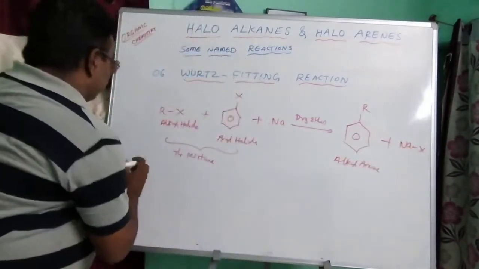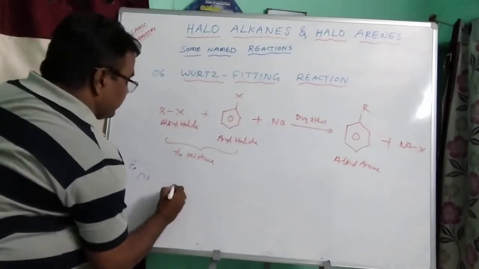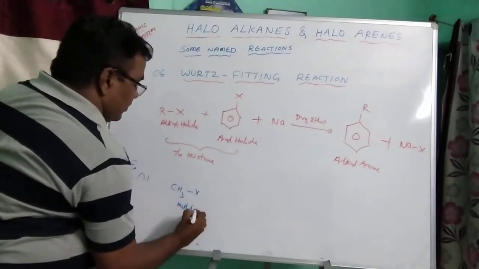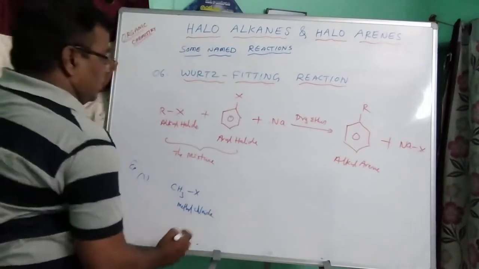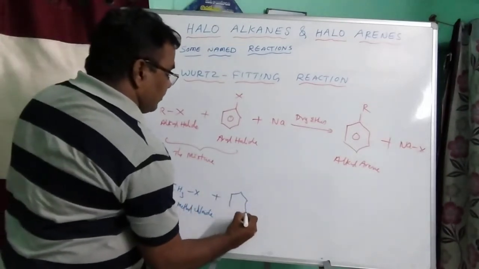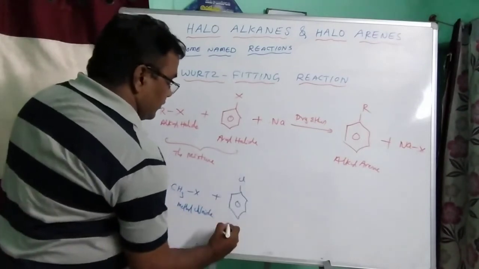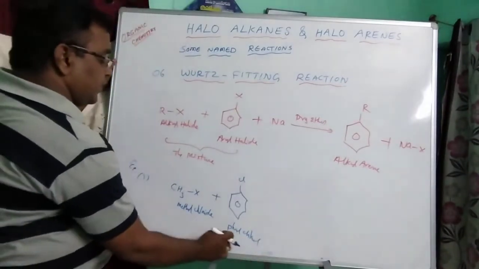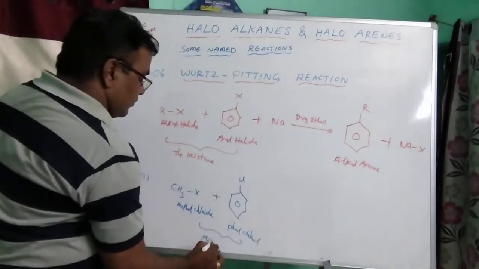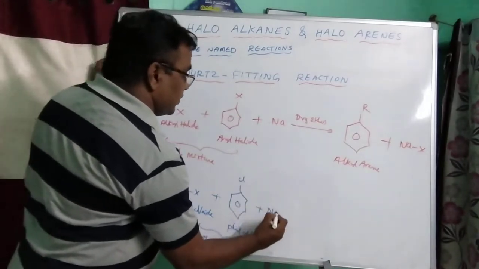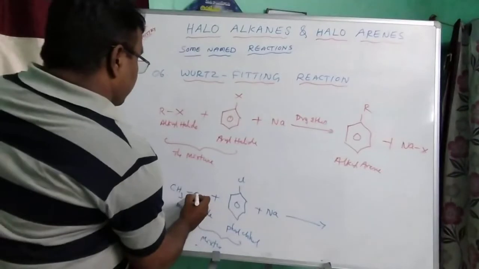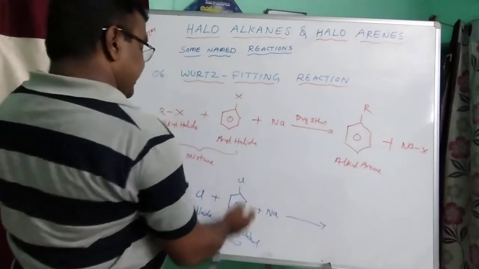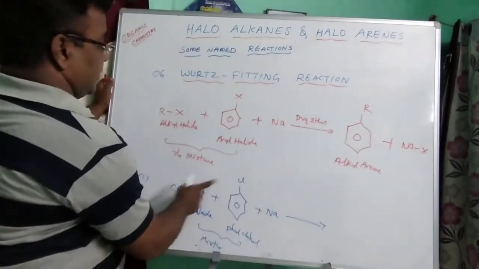For example, the alkyl halide is CH3 X, methyl chloride, reacting with phenyl chloride. So the mixture of methyl chloride and phenyl chloride plus sodium metal. Here X is chlorine.